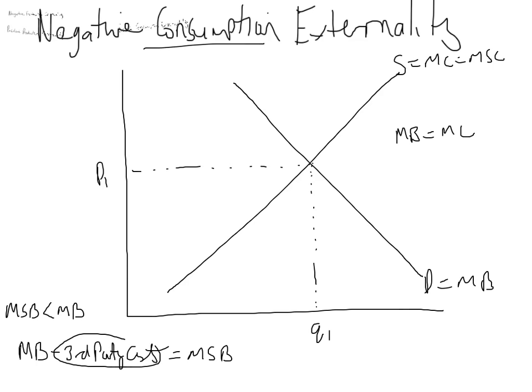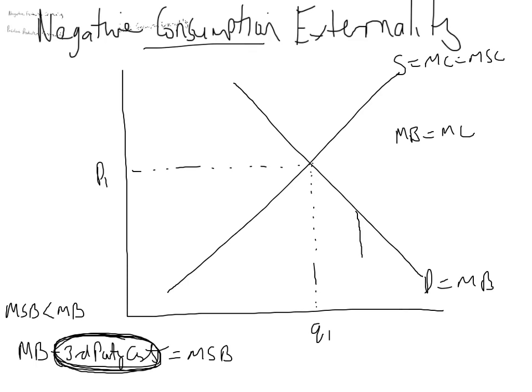I need to find the indirect costs per unit of consumption. I'm just going to assume that this vertical distance represents the third-party costs per unit of consumption.